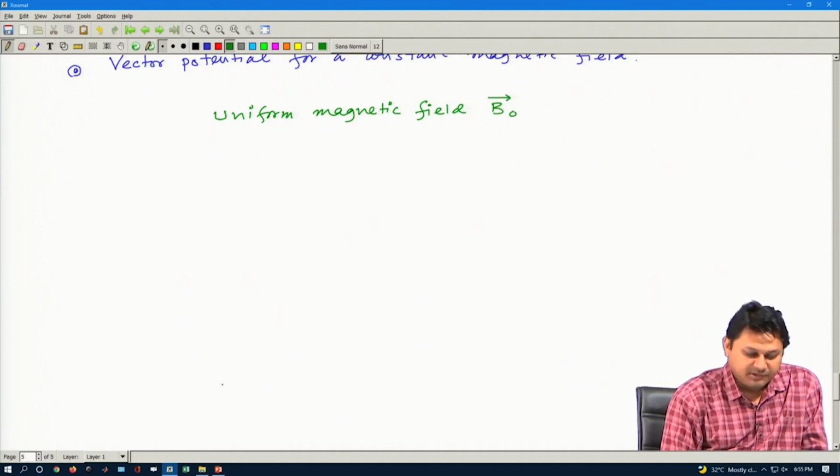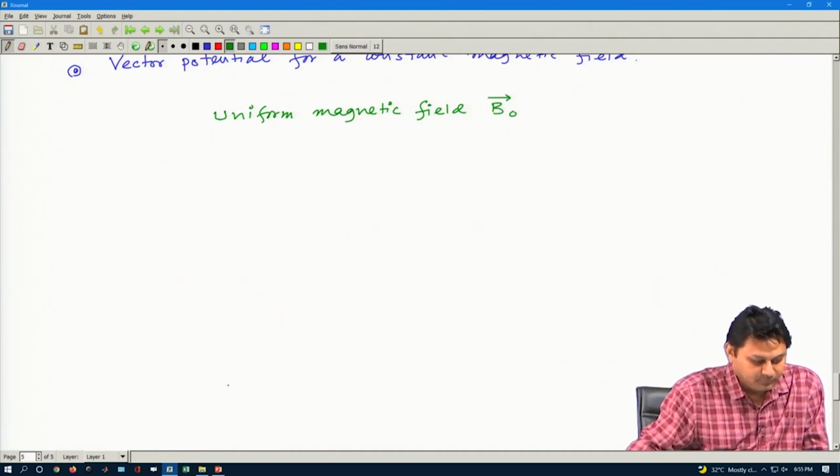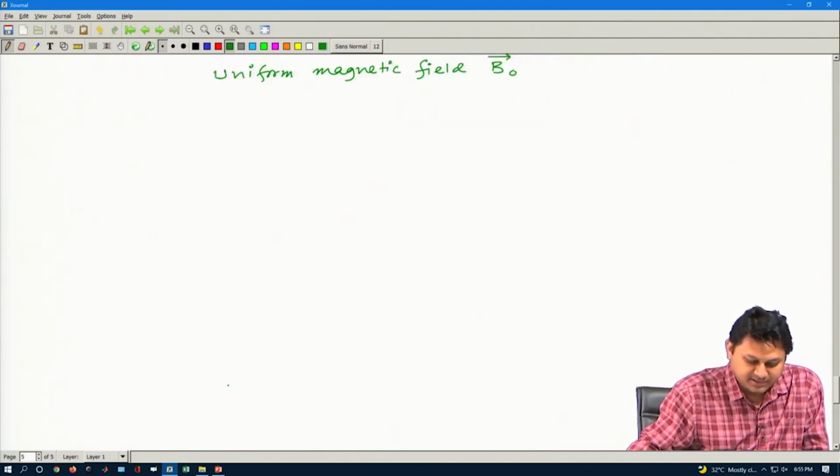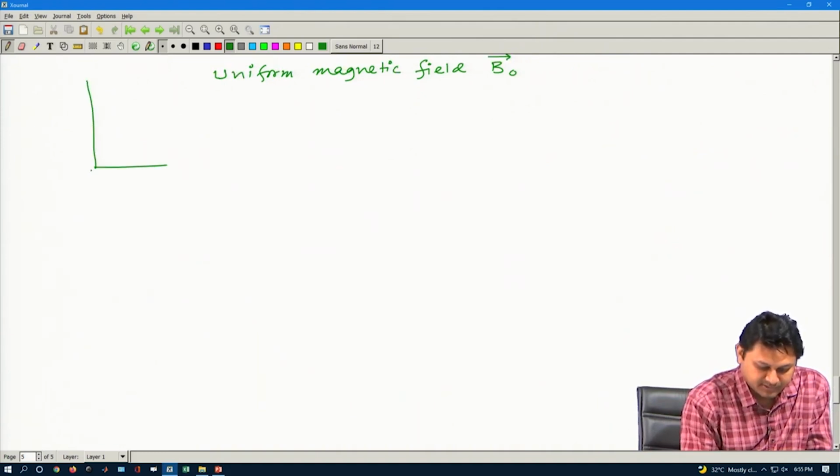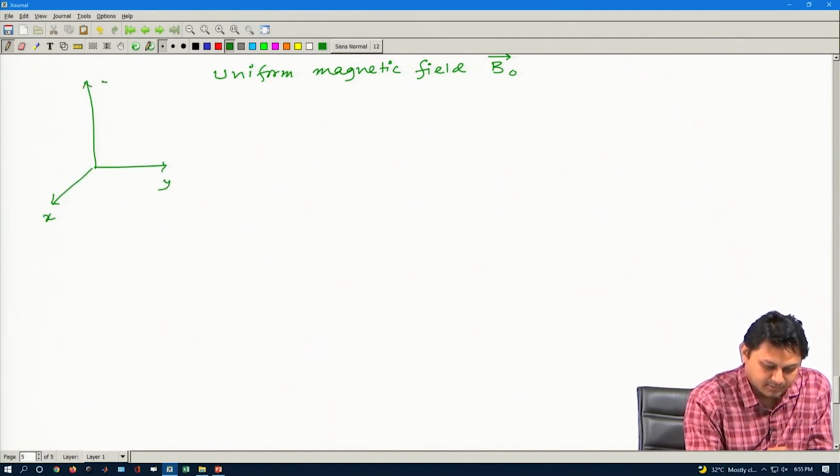The uniform magnetic field is B0, and we consider that this B is along the z direction. If this is my coordinate system x, y and z, B is along this direction, and it is uniform.